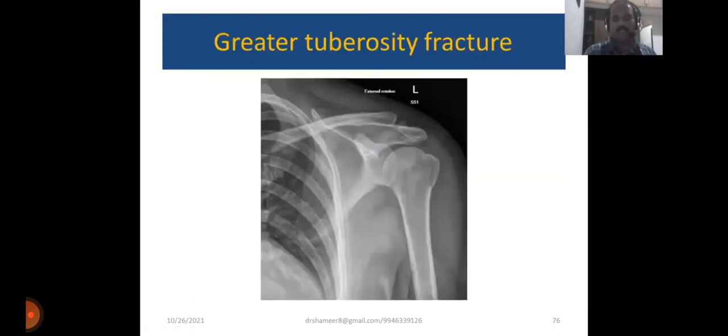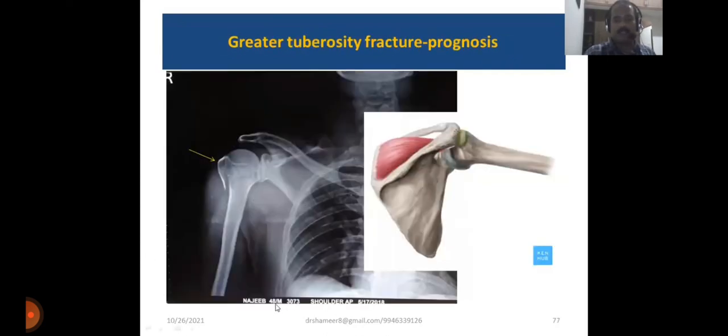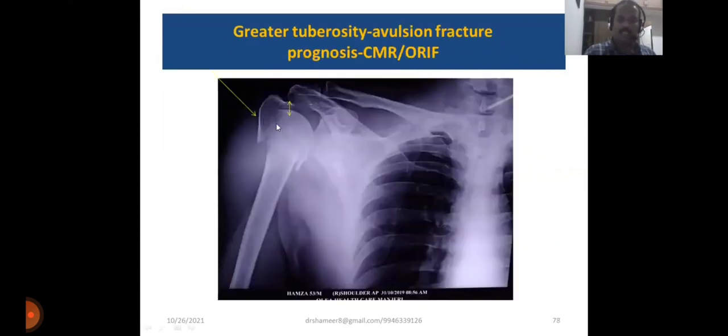Okay, this is the greater tuberosity fracture again. Another patient came to OPD, he is 48, and it is an avulsion fracture of the greater tuberosity with a surgical neck fracture, but it is not displaced. In another case we can see the fragment is displaced superiorly, because the supraspinatus muscle comes from this area and attaches to this area.